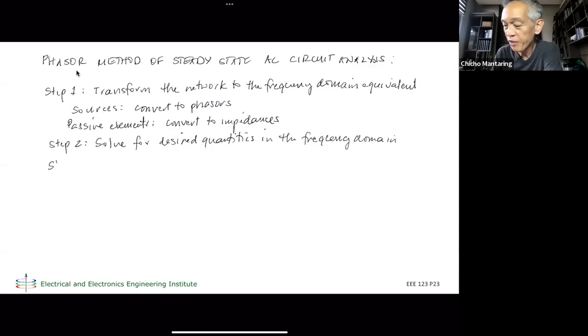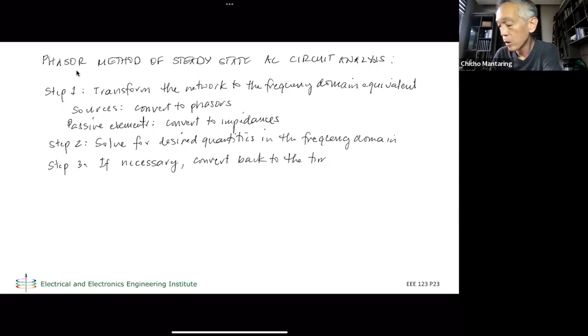Then step 3, this is if necessary, because sometimes it is not necessary, because sometimes you already have all the information you need after step 2. But if necessary, you convert back to the time domain. The responses, convert the responses back to the time domain.